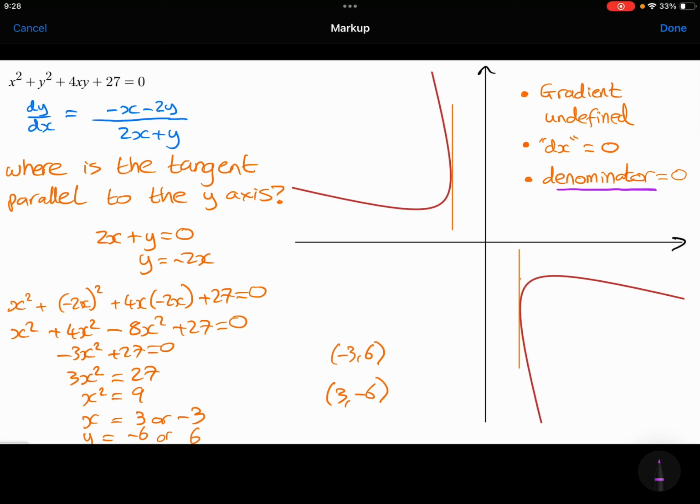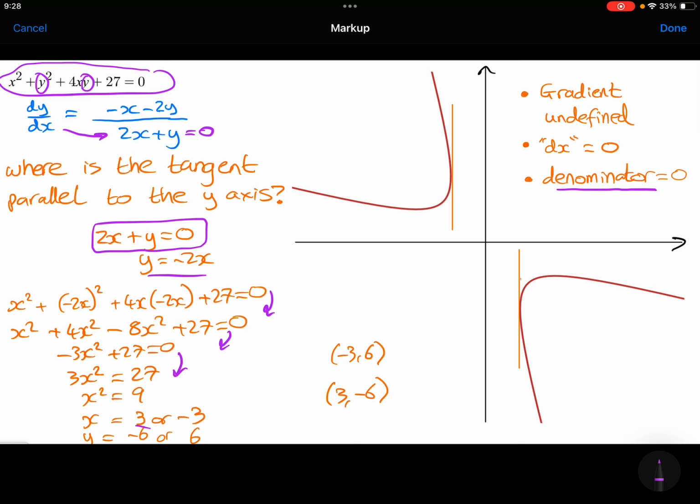Because, like I said before, these vertical lines, the gradient is undefined, or the change in x is equal to 0. So I've taken my denominator, made it equal to 0, made y the subject, and then done simultaneous equations again here. So plugging the minus 2x here and here, and then working through to solve that equation.